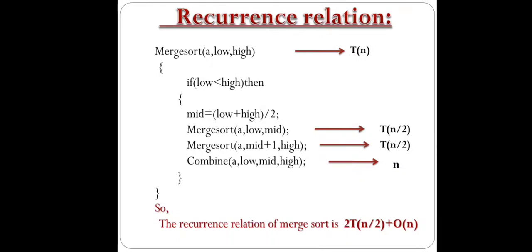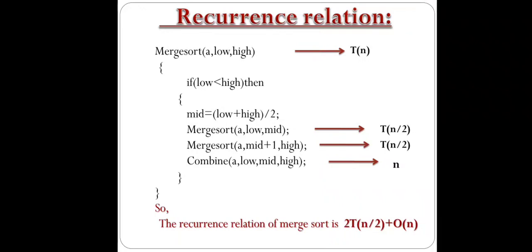So we have given it T of n by 2. Then after that we are again calling it from mid plus 1 to high, so it will also take time n by 2. After division is done, we are going to combine from low, mid and high, that is, we are going to combine the whole array, so it will take time n.